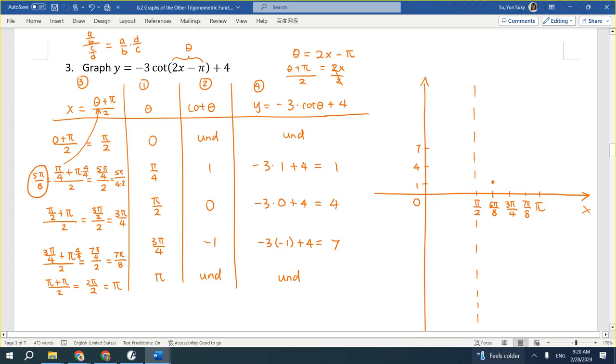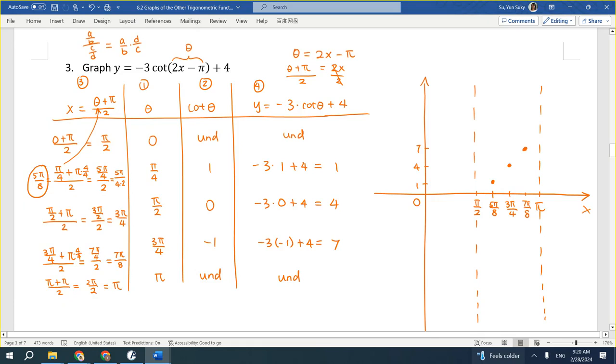And then 3 pi over 4, what do we get? y is 4. So we put the 4. When x is 7 pi over 8, 7. Yes, 7 here. When x is pi, undefined. So we put a vertical asymptote.